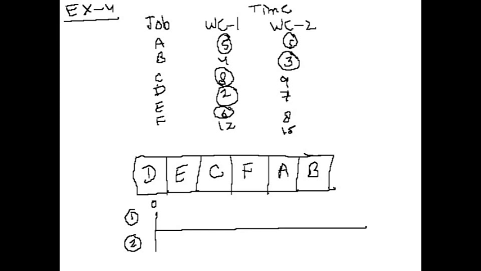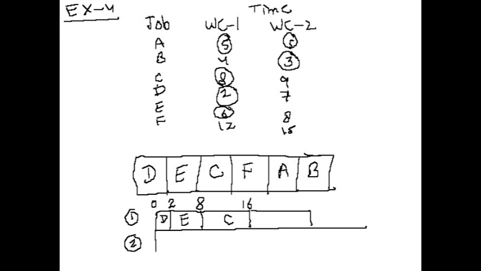Suppose 0 is the starting time. D needs 2 hours. We have E, which needs 6 more hours, so the total will be 8. By 8 hours, these two jobs will be completed. Then we have C, which needs 8 hours. So 8 plus 8 is 16.